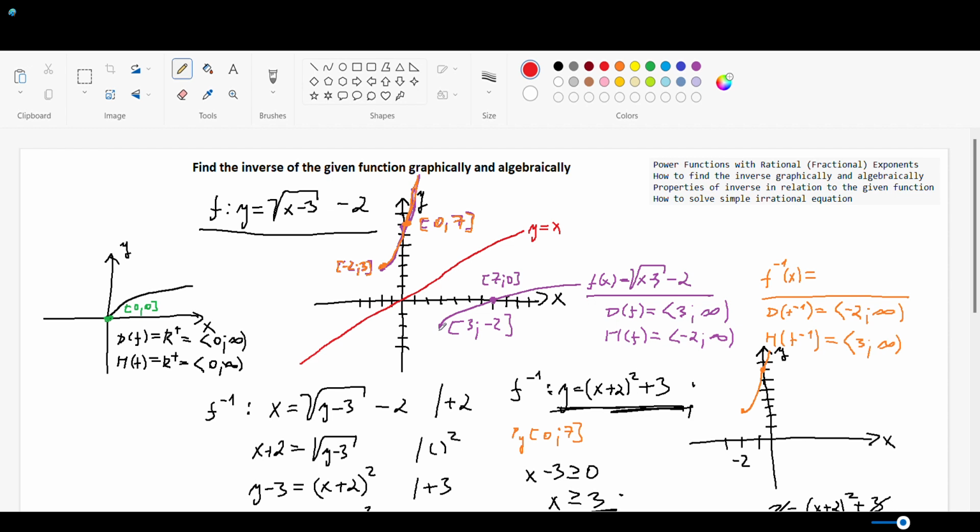If we have a point of the given function and we want it to be a point of the inverse, then we simply swap x and y coordinates of the point. And then we found the inverse algebraically, using also the properties, and yeah, that's it.